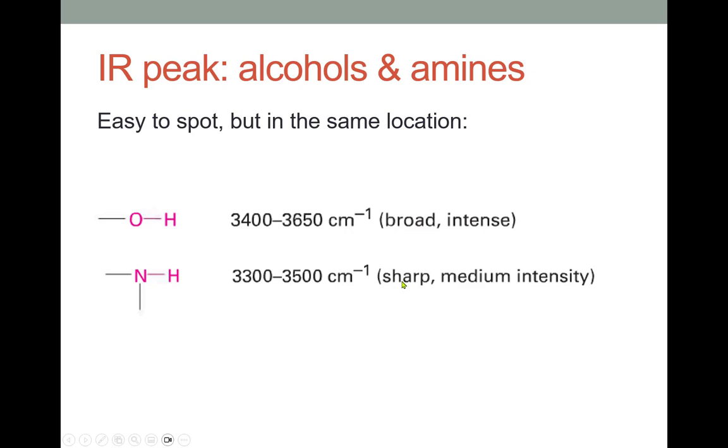And what's really cool about this is that you can tell how many H's are on a nitrogen based on what you see. So if I have a single H, so maybe I had 2 carbon groups here and just the 1 hydrogen, I would see 1 peak. If I had 2 hydrogens connected to the nitrogen and just 1 carbon group, I would see 2 different absorptions in the same area for the two different H's.